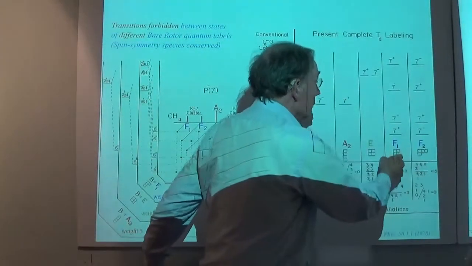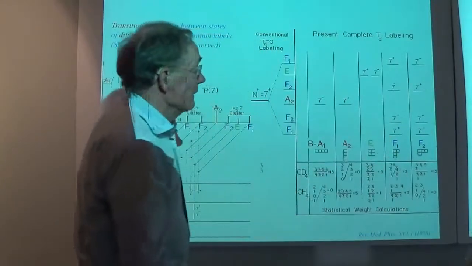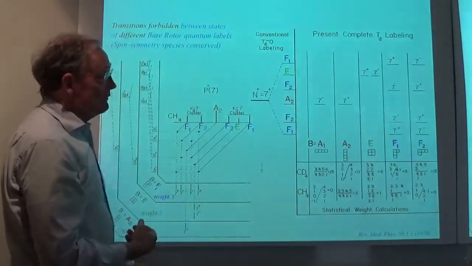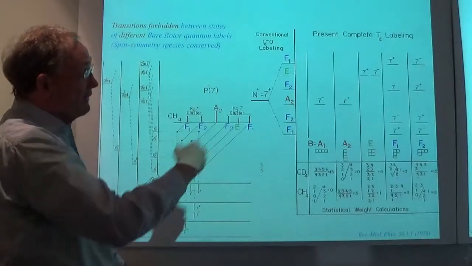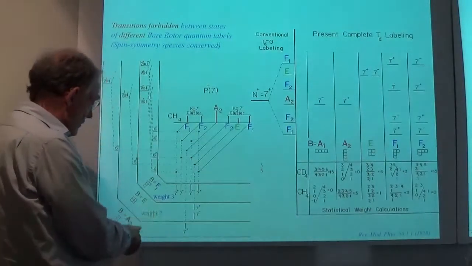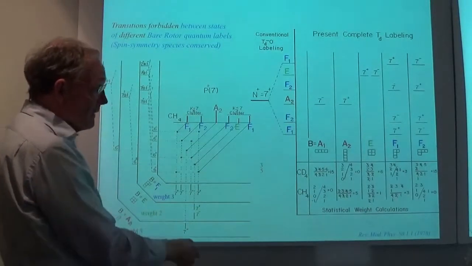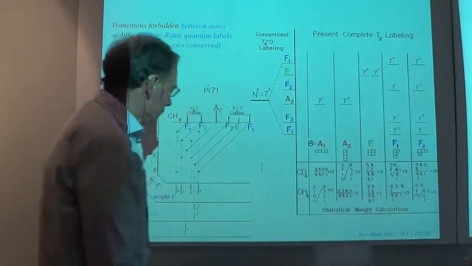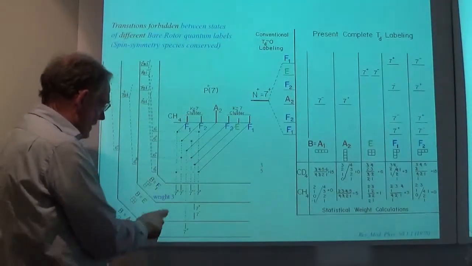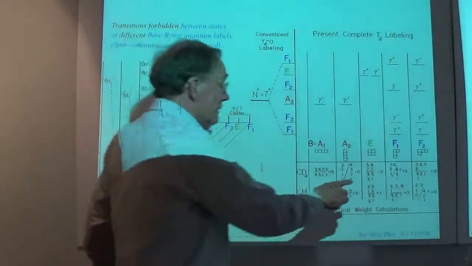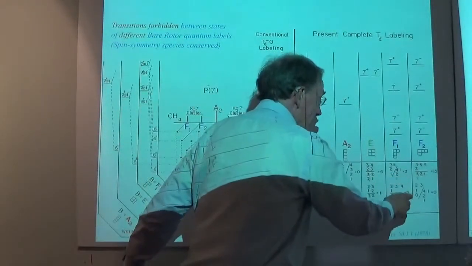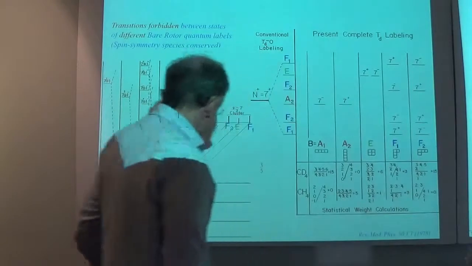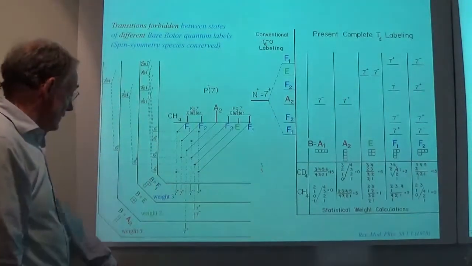F1 and F2, they come in definite plus or minus things, so their weight is just 5. I see that right here for the A2, and then these guys have weight 3. Okay, I'm sorry, putting it down. It's 100 percent the same for deuterium and hydrogen.